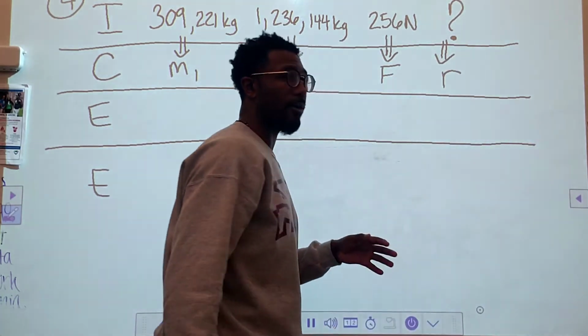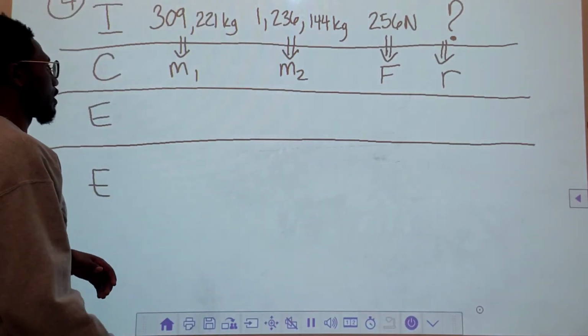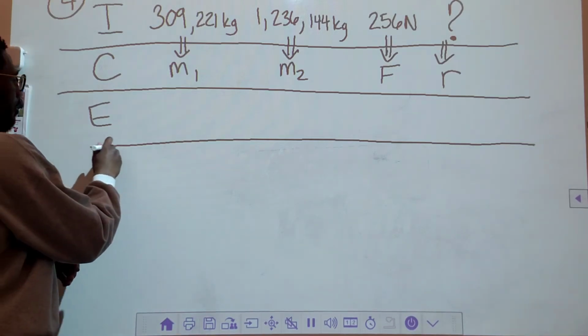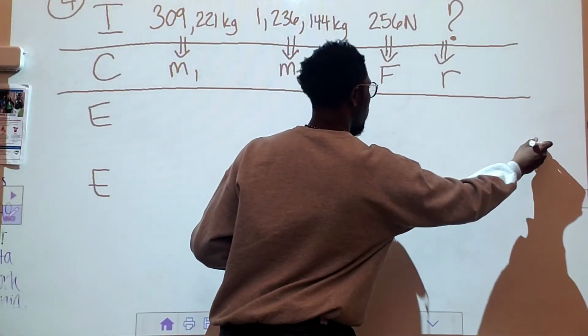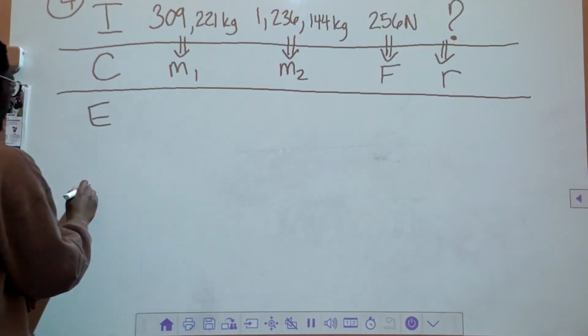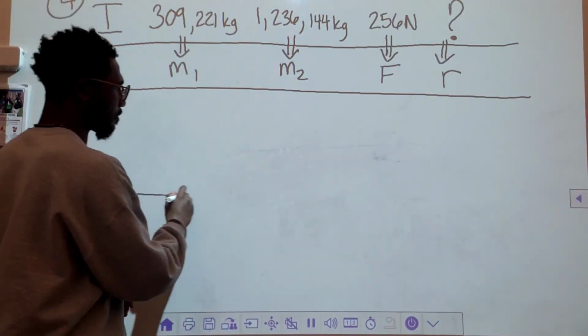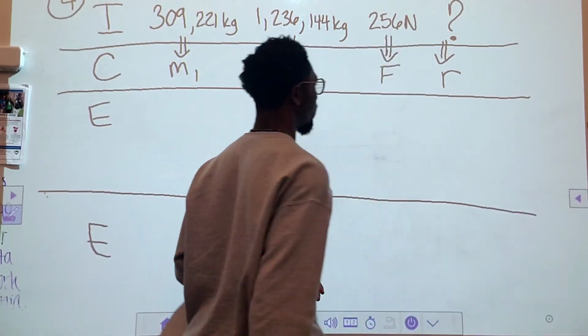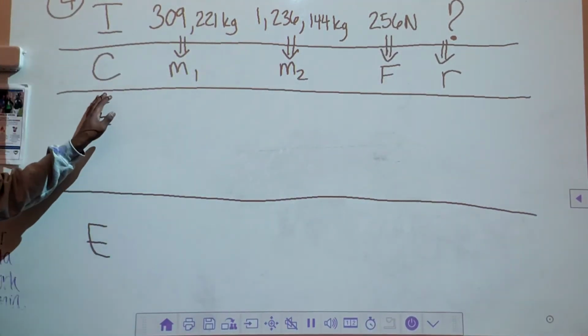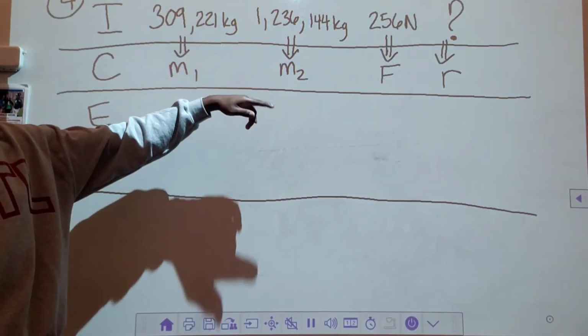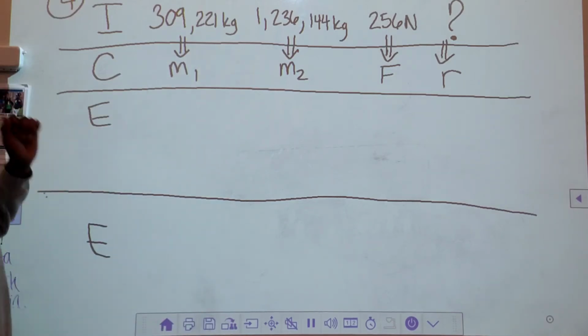That's going to be r. I'm going to make a little bit of space right here. I need to move that E down a little bit because we're going to have to do a little bit of work. So now we have all of these measurements labeled as variables.